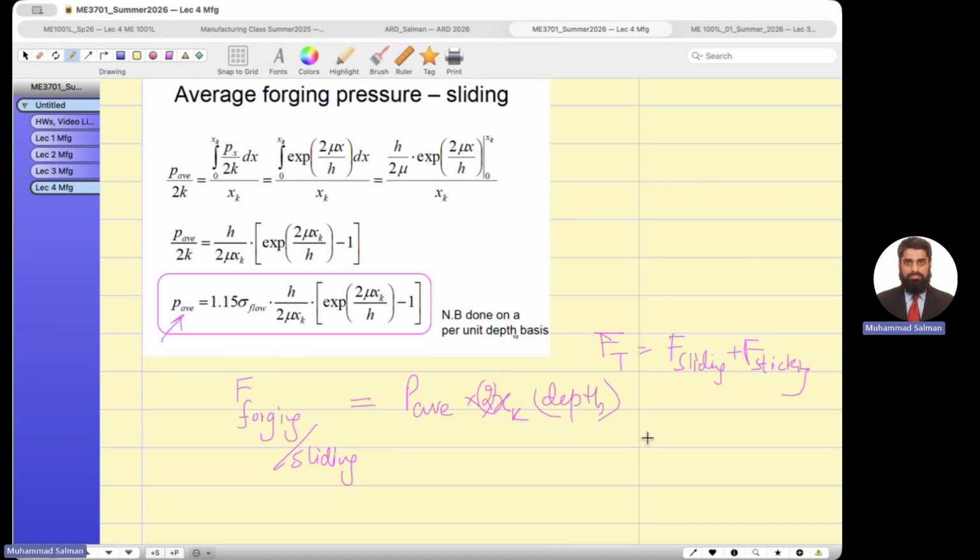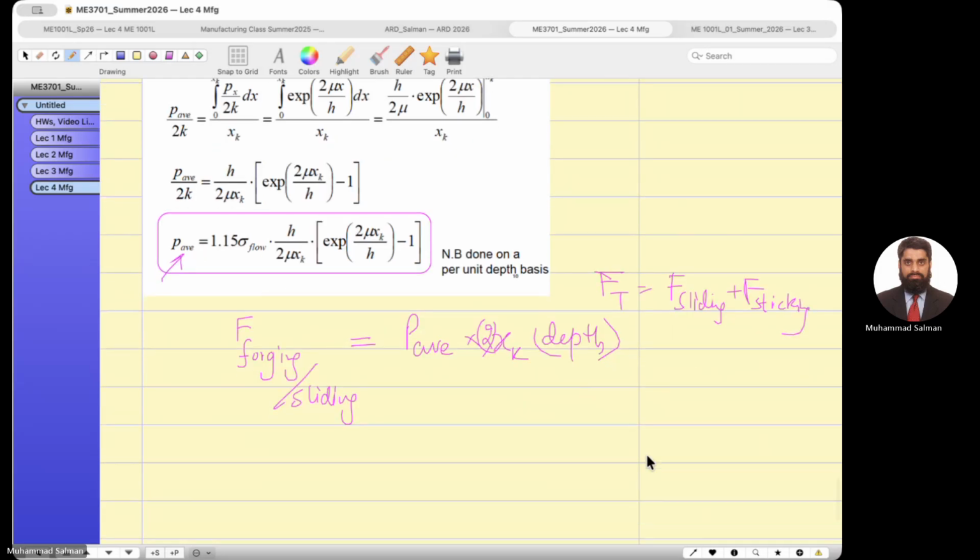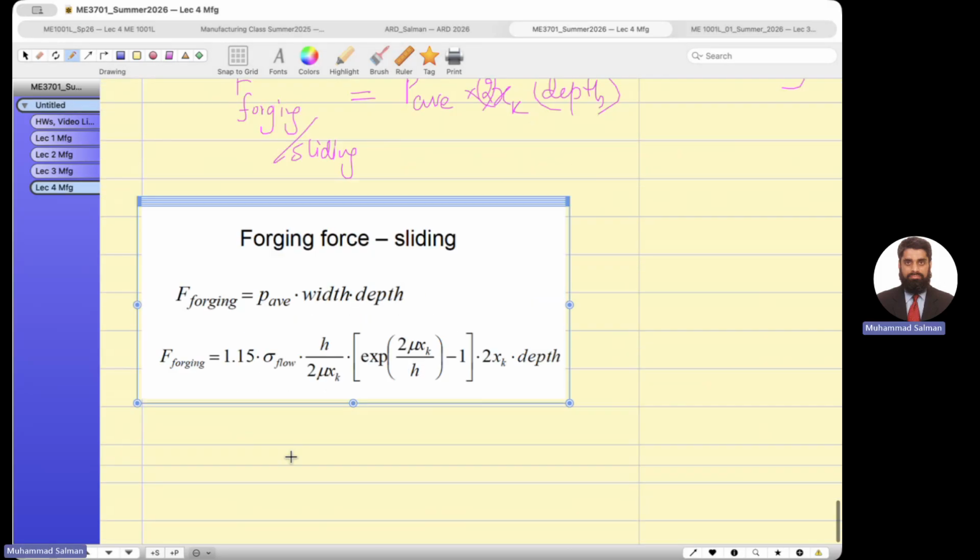This 2 is coming because it is on both sides. Xk times the depth times 2. So this formula, you need it for your homework problems.